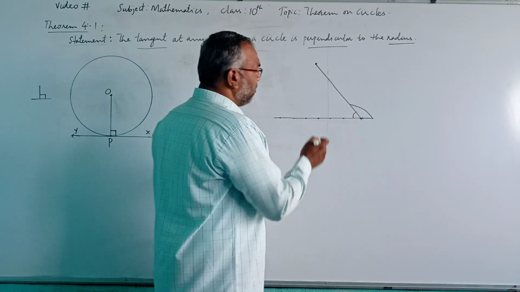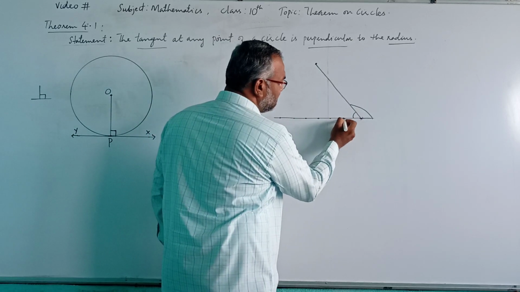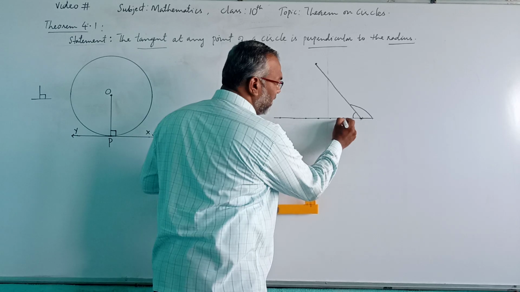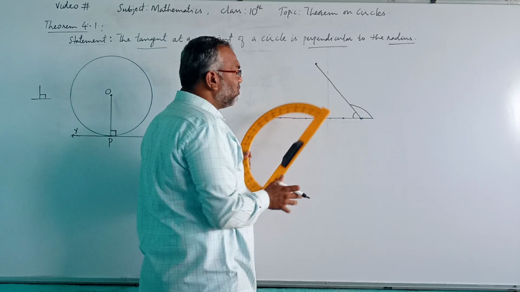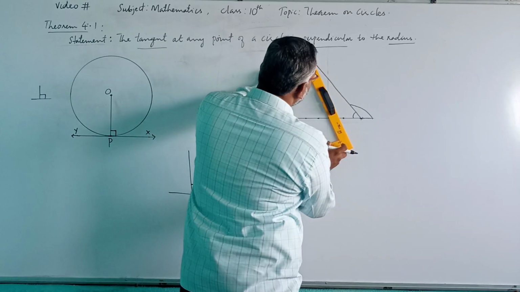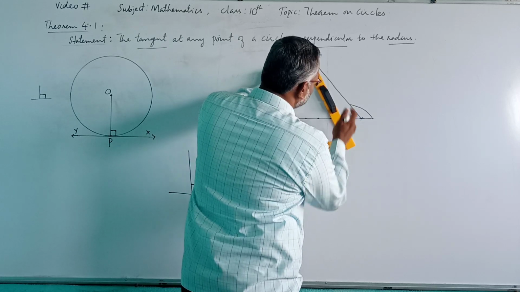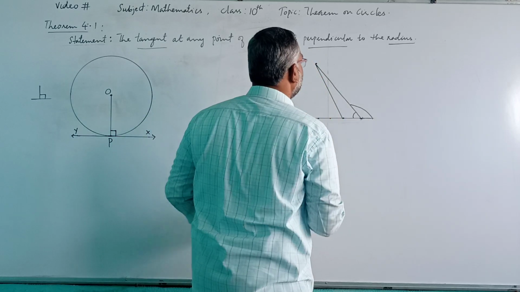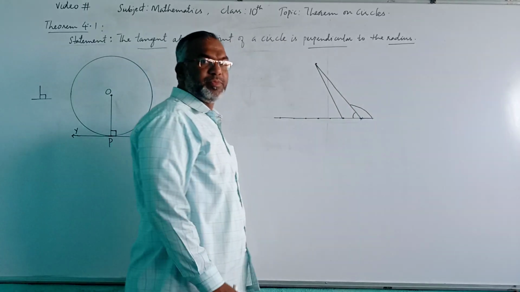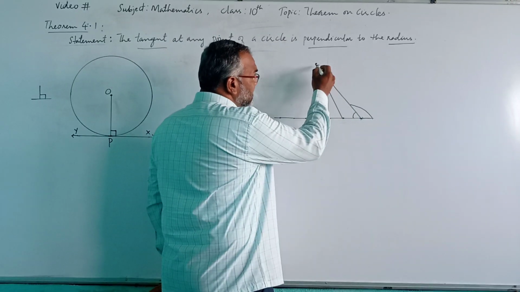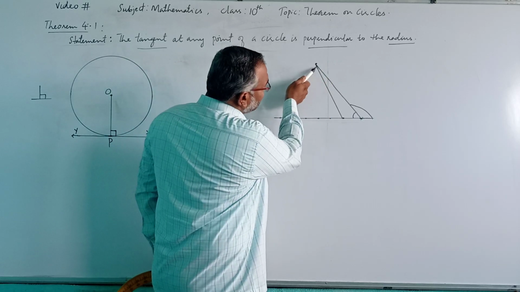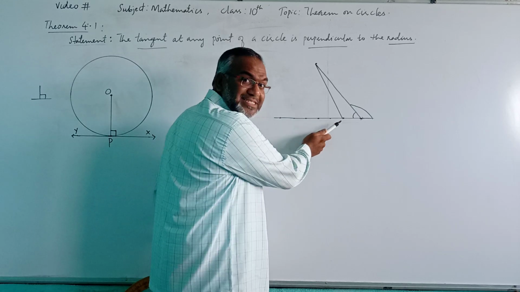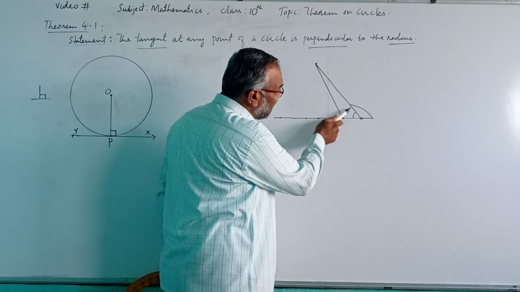Now, if I join this point to this point, then what would happen? Let's see. I'm joining these two points now. What happened? If you observe carefully, this distance is more and this distance is less compared to this line.